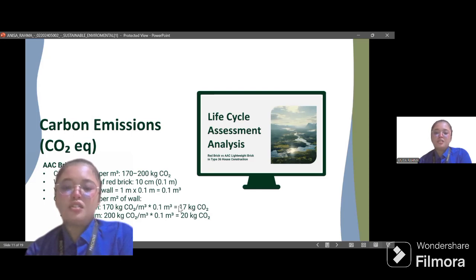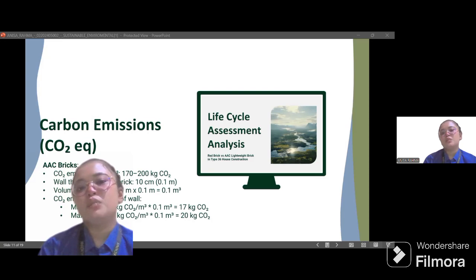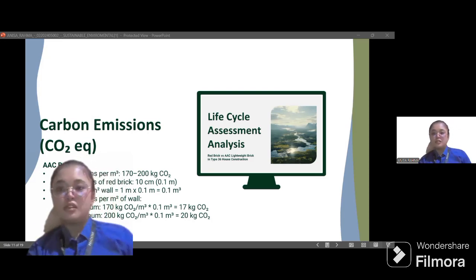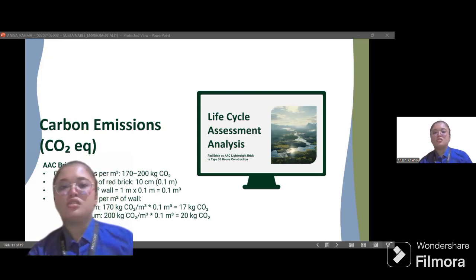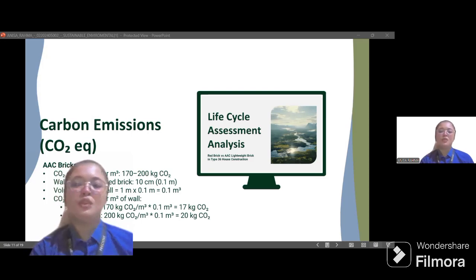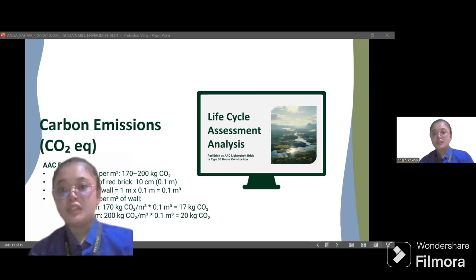It's only about 17 kg CO2 per square meter, and the maximum is 20 kg CO2 per square meter. For insights into the carbon emission related to these two materials, we refer to several sources like Green Gems 2022, in the article titled AAC block fairly green, which discusses the environmental impact of various building materials, including the comparison between red bricks and AAC.